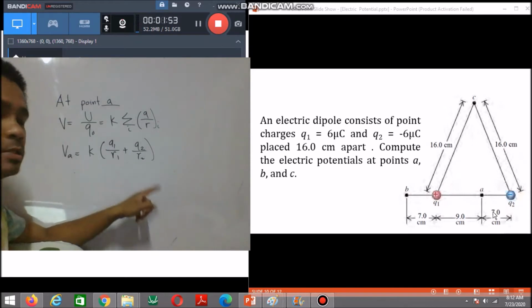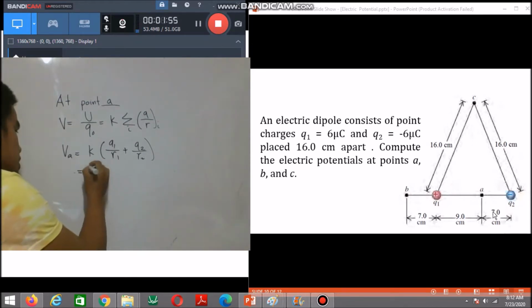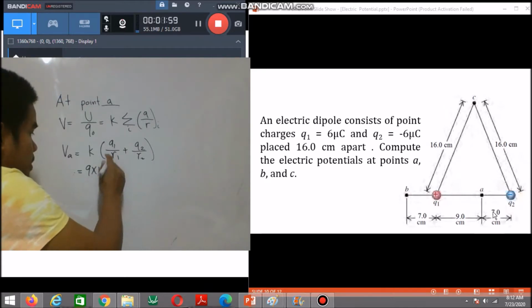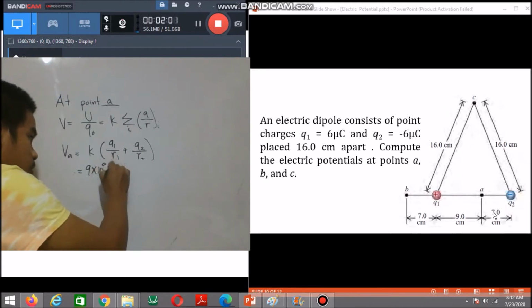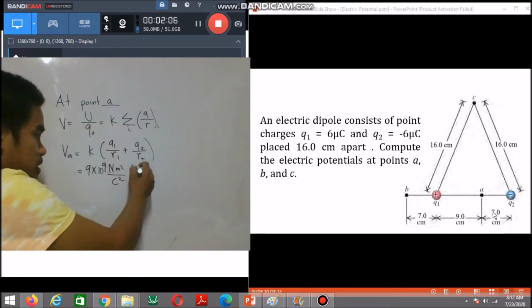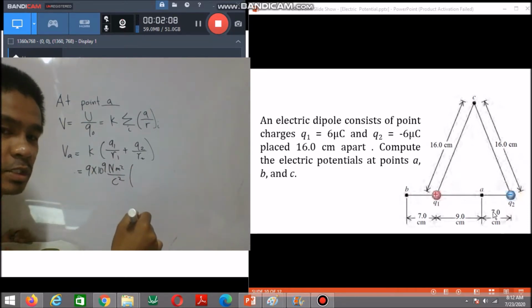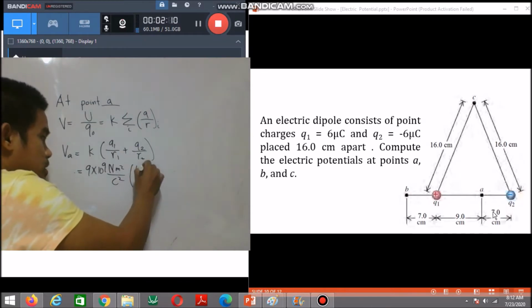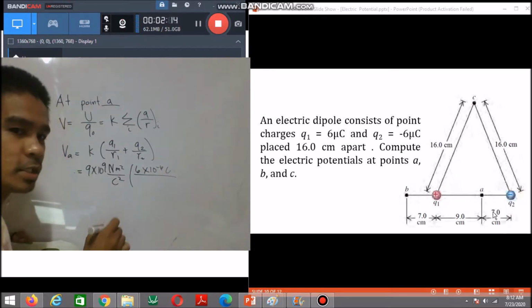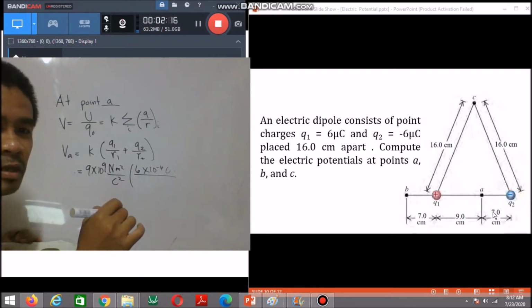Right. So Coulomb's constant is 9 times 10 to the power of 9 Newton meter squared per coulomb squared, times Q1, that's positive 6 microcoulomb, which is equal to 6 times 10 to negative 6 coulomb, over how far is point A from Q1.